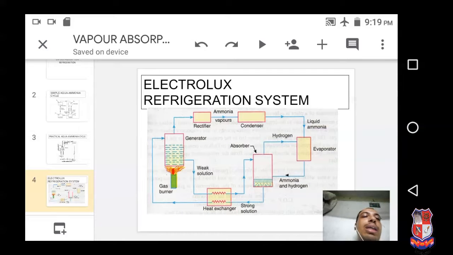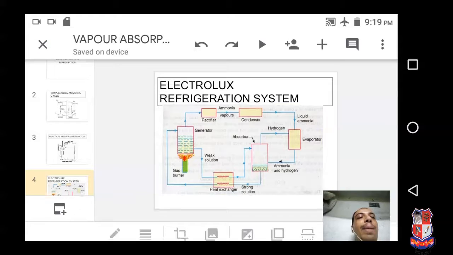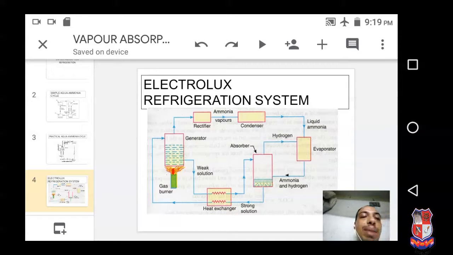Same thing here. We know that if there is no expansion valve, we cannot reduce the pressure of the ammonia. Then in the evaporator it is too difficult to evaporate the ammonia at high pressure. So let's start from the evaporator process. Liquid ammonia is coming out from the condenser, and we know that at the condenser outlet high pressure high temperature ammonia is coming out.